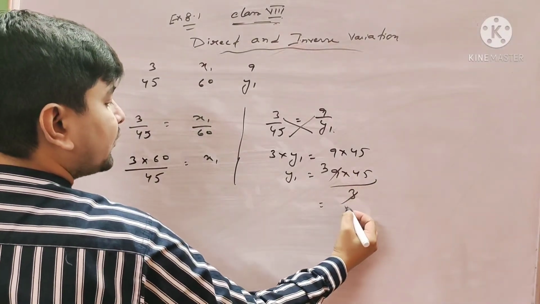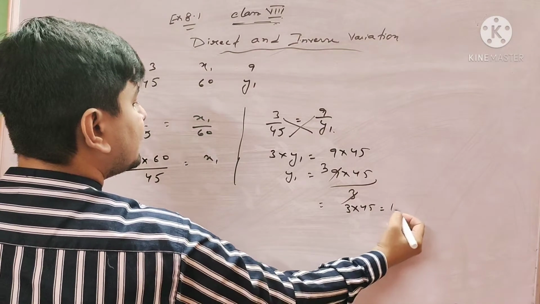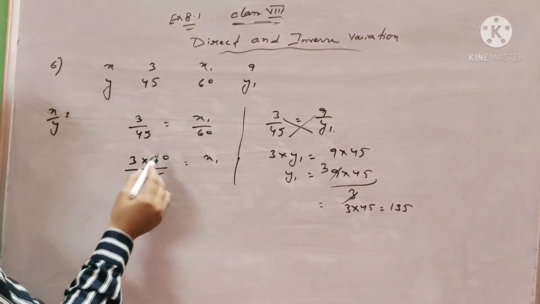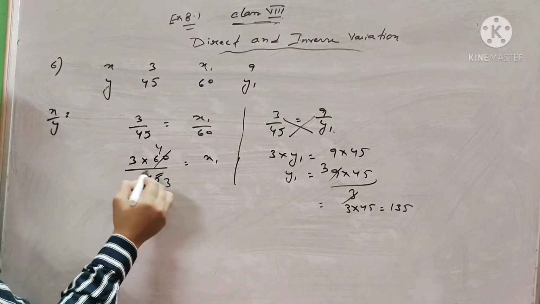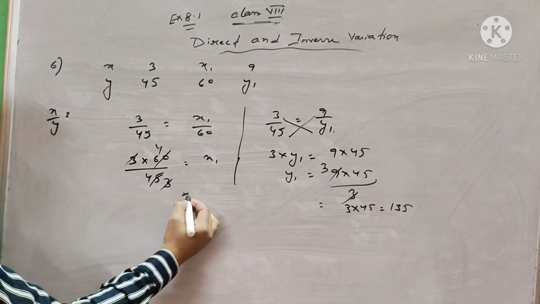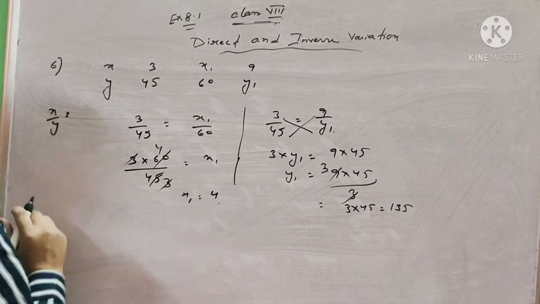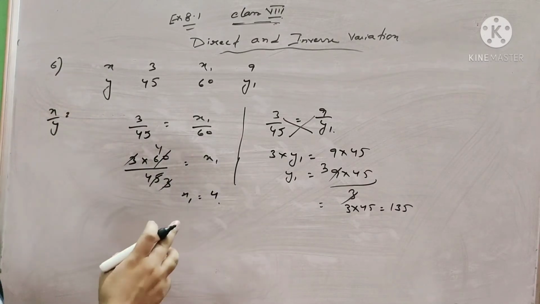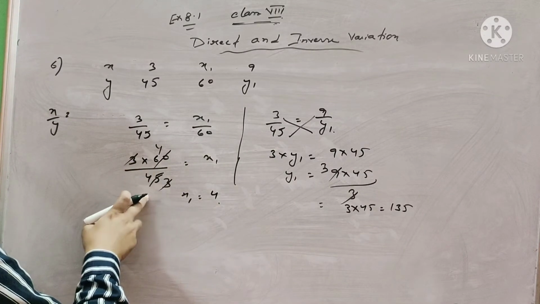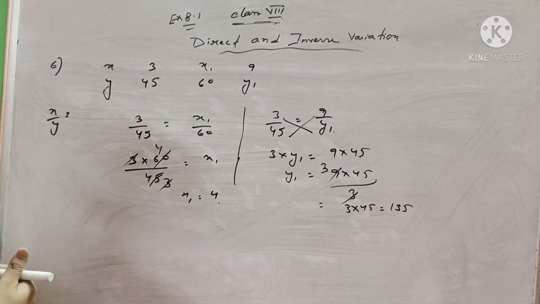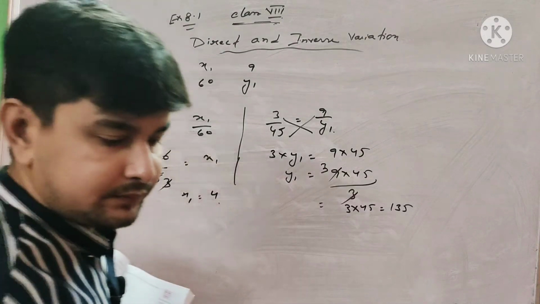That means 3 into 45, it's 135. And here, 4 15s are 60, 3s cancel. So x1 equals 4. Note it down.